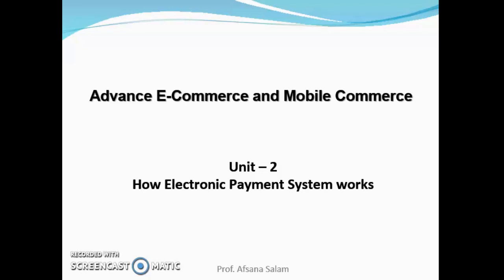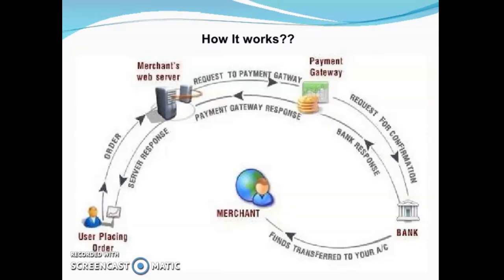So in the last session we saw the theoretical part as well as a short video about the electronic payment system. So here is how it works. When you are placing an order as a customer, as a business how it works we have seen in the last video. Now when you are ordering as a customer, your payment happens in 2 minutes or 2 seconds.